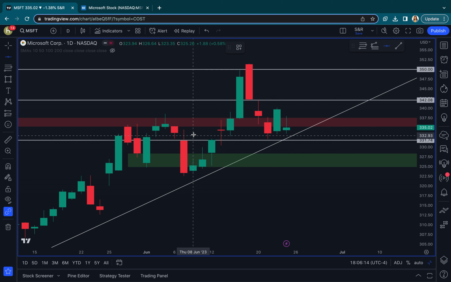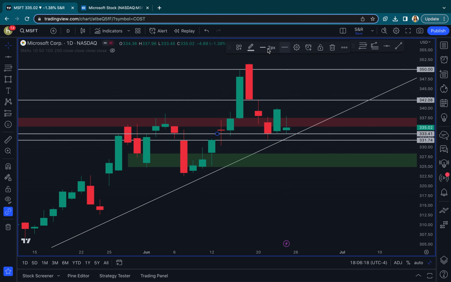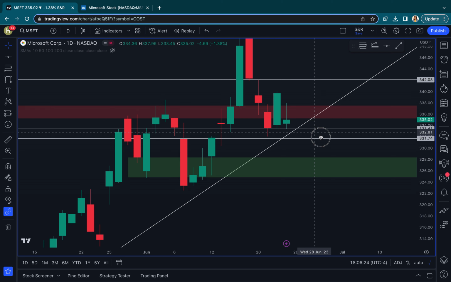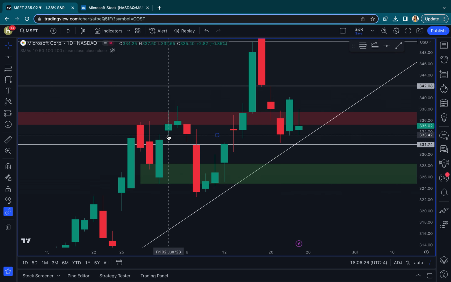So I know these zones are getting kind of tight. And I think the idea is that we just need to wait for Microsoft to show us what it wants to do. So we're holding support here, here, here, and here, and on Friday.